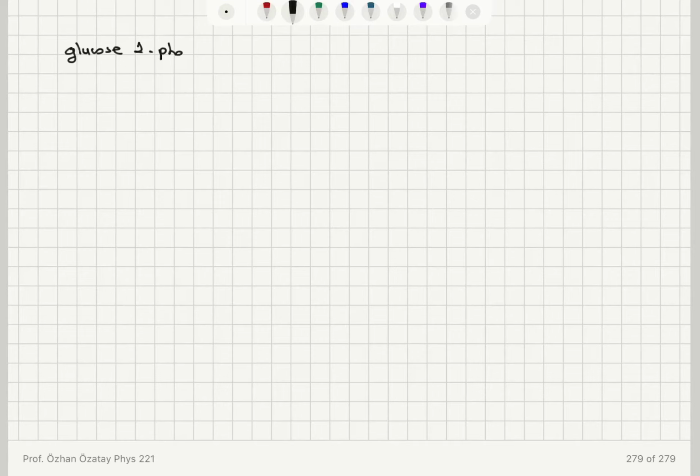On the other hand, this glucose 1-phosphate will react with fructose to produce sucrose plus a phosphate.